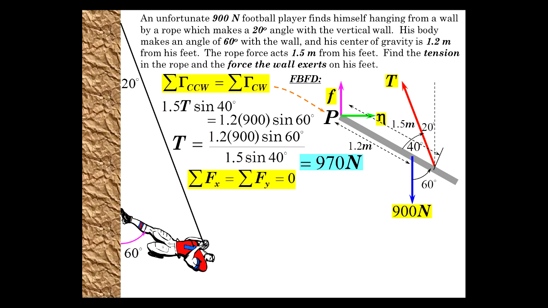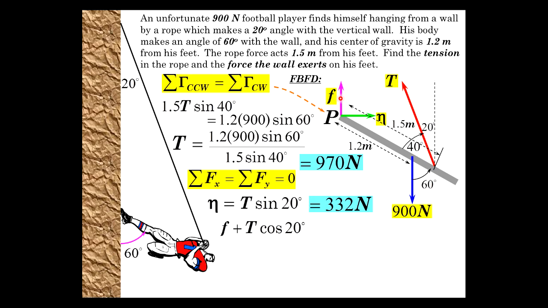Now, the forces X and Y add up to 0 in both directions. So we have that the normal force, this force here, is going to be equal to the horizontal part of the tension. Well, with the vertical, it's 20 degrees. So that's just T sine of 20. So that's 332 newtons. That's the normal force.